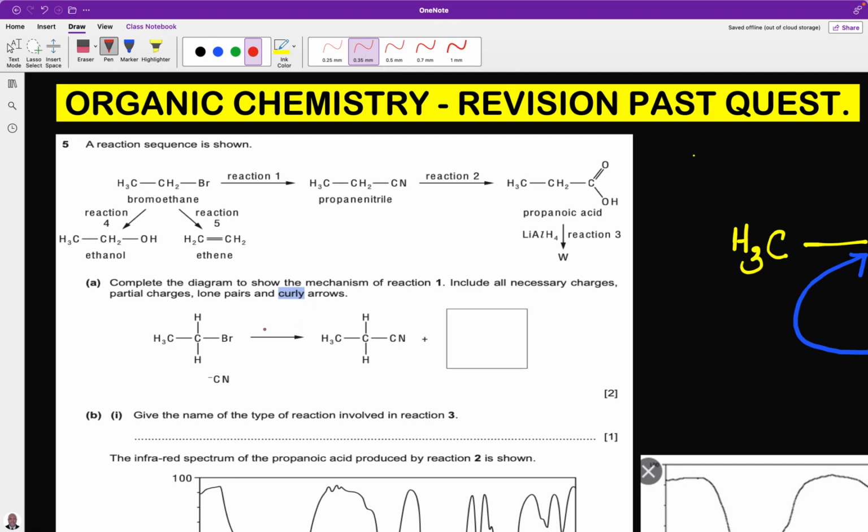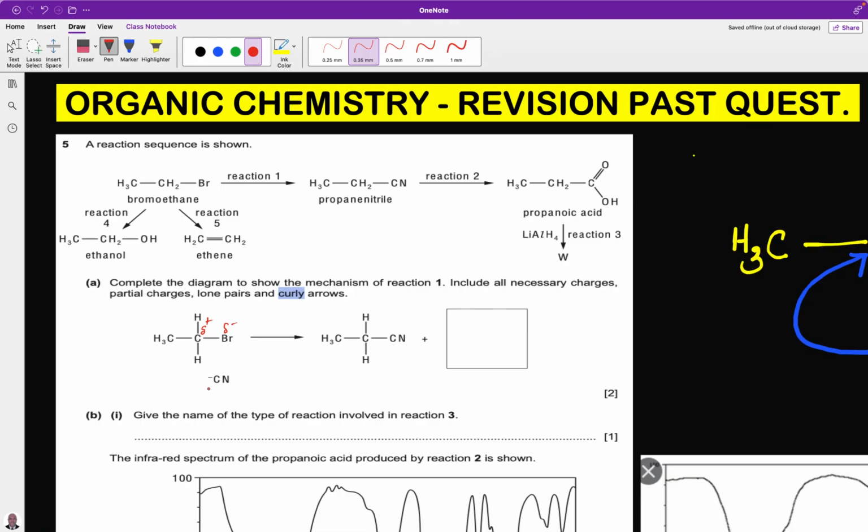Now, because of the different electronegativity, this bond is partial positive, and this is partial negative. That is what you are supposed to do.